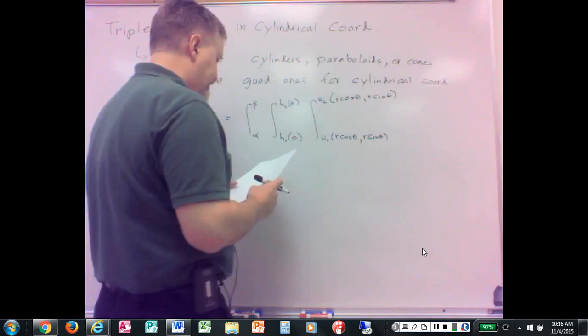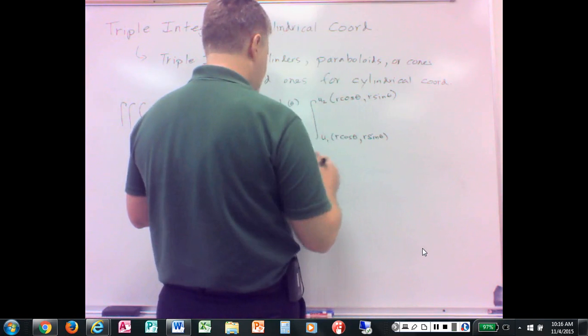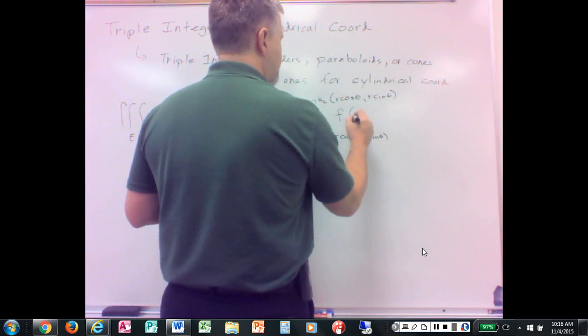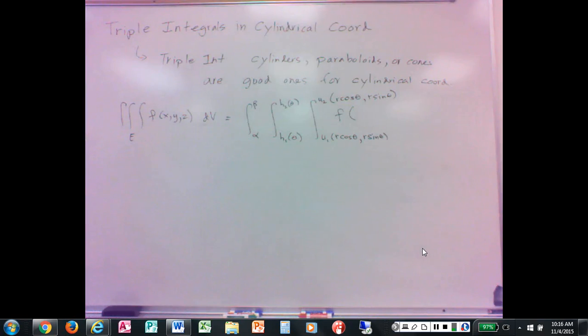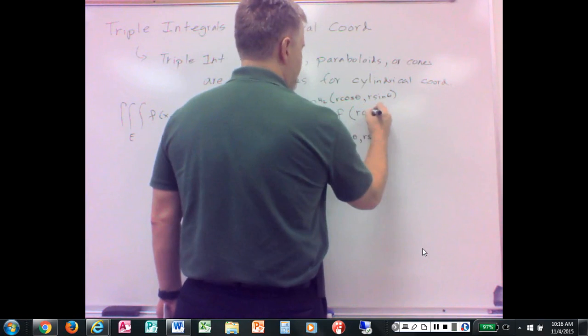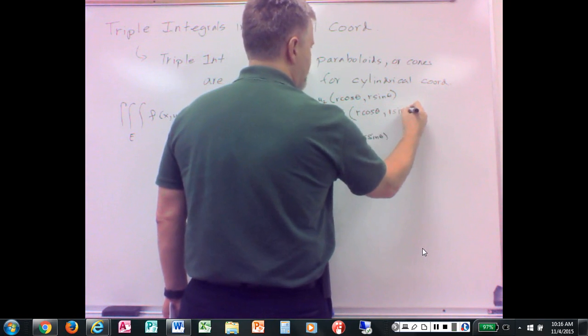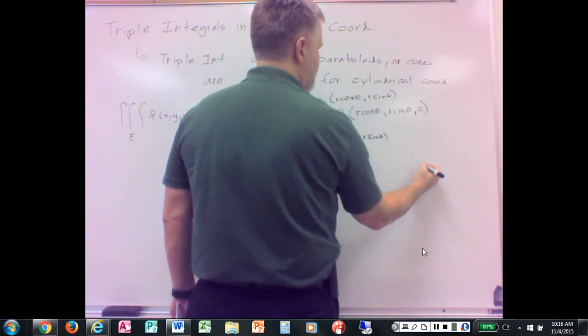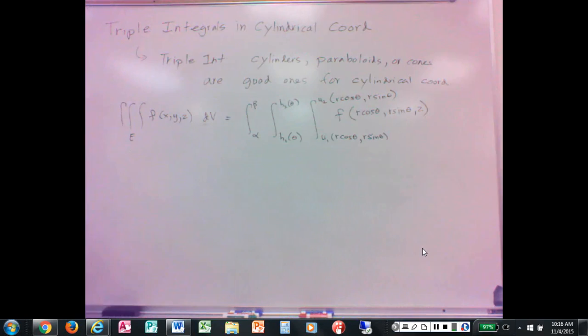Usually it works out if we're talking about these. And then, of course, our function, we need to rewrite it in terms of cylindrical, so it'd be f of r cosine theta, r sine theta, z. And then what about our dV? Well, just like with polar, where we had to add that extra r, it was r dr d theta for dA.